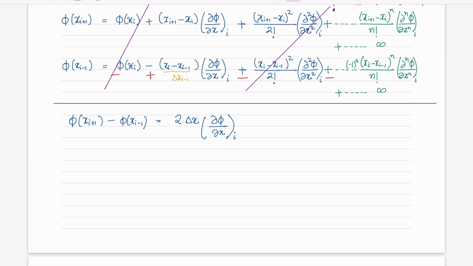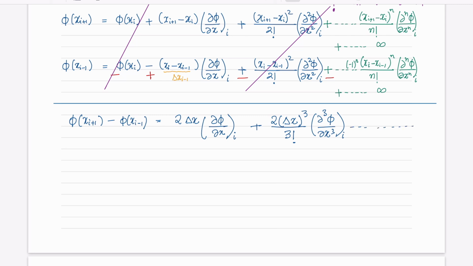And the next term for this expression would be of this form over here: delta x raised to power 3 over 3 factorial combined with a third derivative of phi at the point i, and so on.